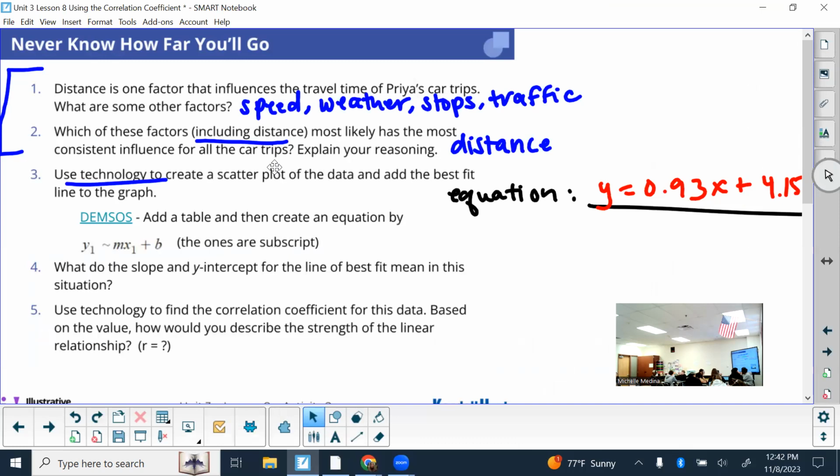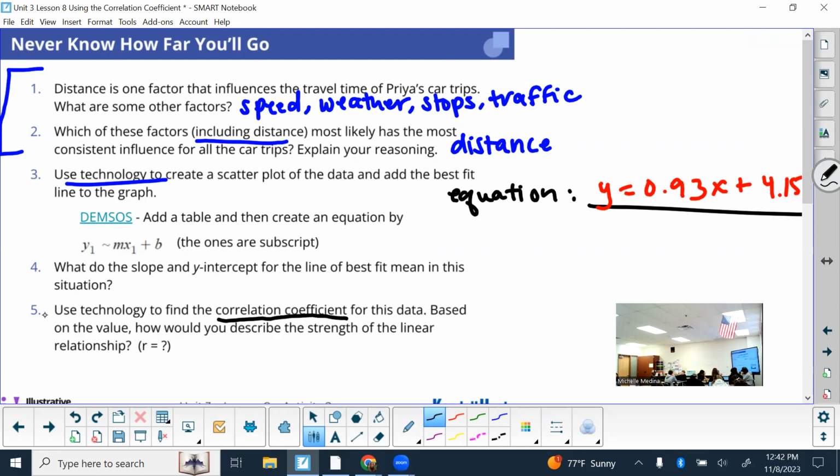So 0.93 what? 4.15 what? What do those mean? Additionally, in that same Desmos that we already have up with all the info, we're going to identify the correlation coefficient.